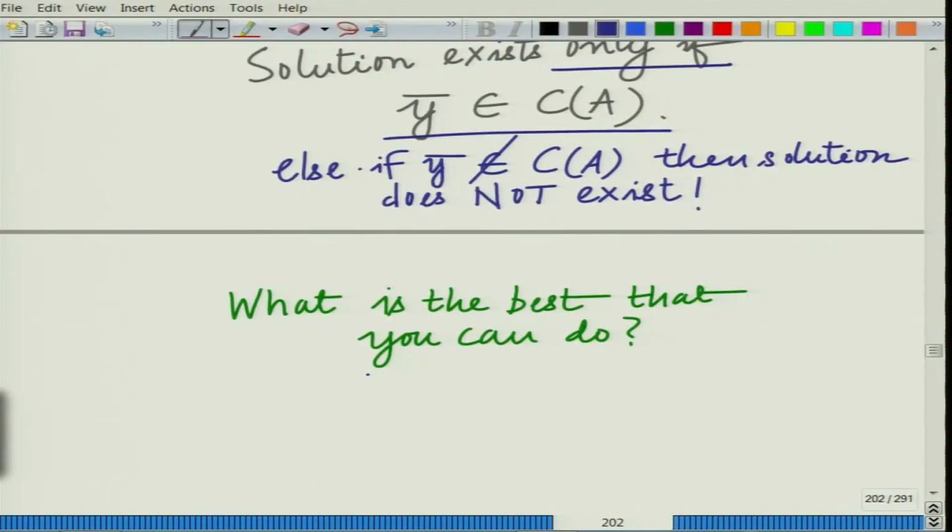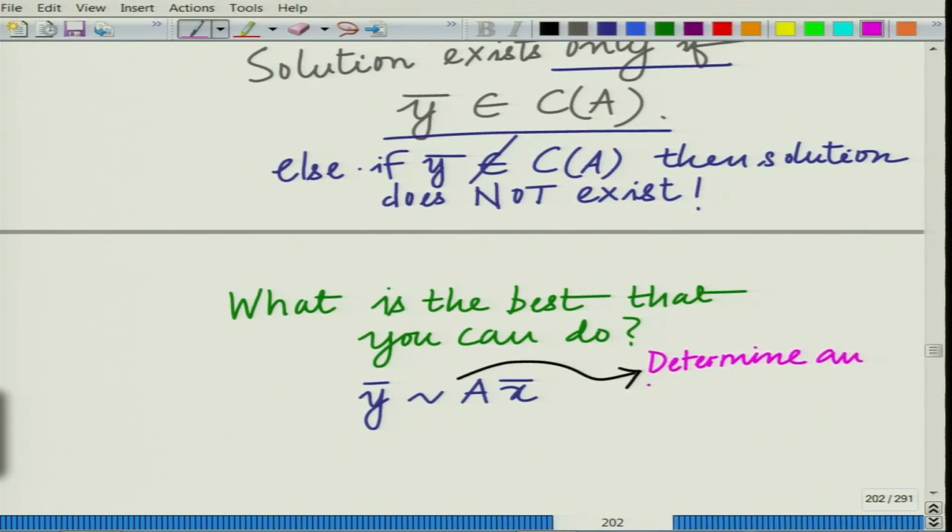So, now you change from exact to approximate. The problem is, it is a novel concept: if you cannot determine an exact solution, determine an approximate solution.